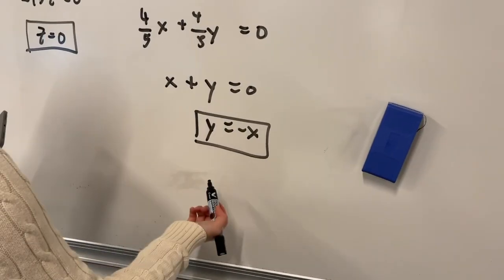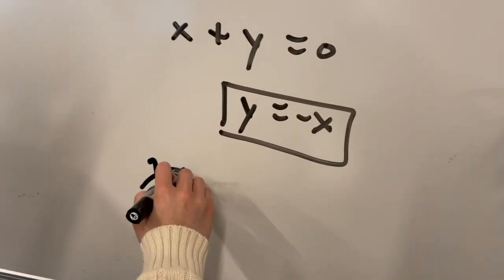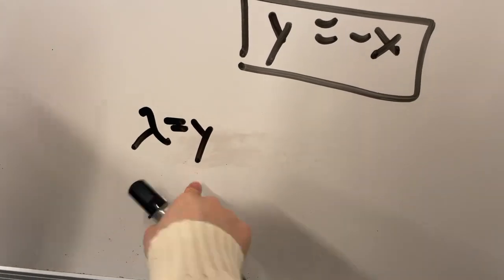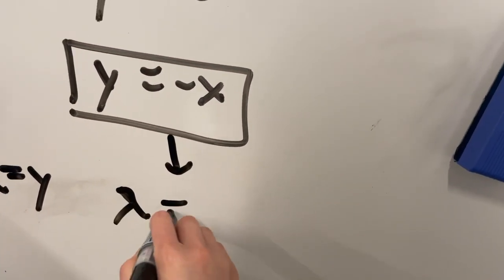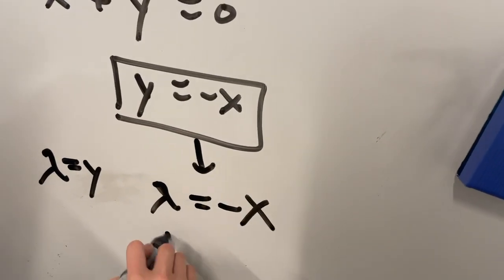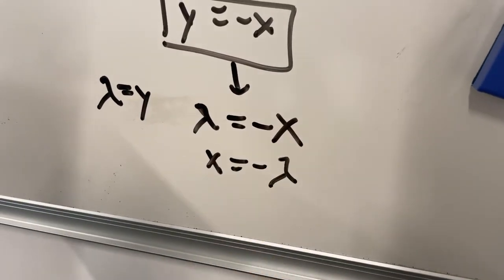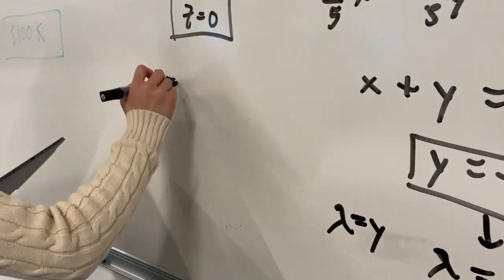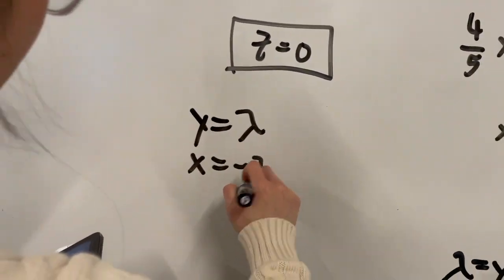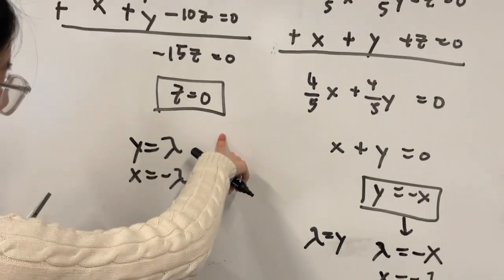Use lambda. So we can write lambda equals y, and with this relationship established, lambda equals -x, so x equals -lambda.